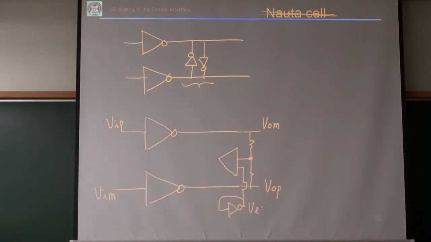This is a logic threshold, okay? And then we can use inverters like that, okay? to control common mode. So then this should be negative, positive, right?